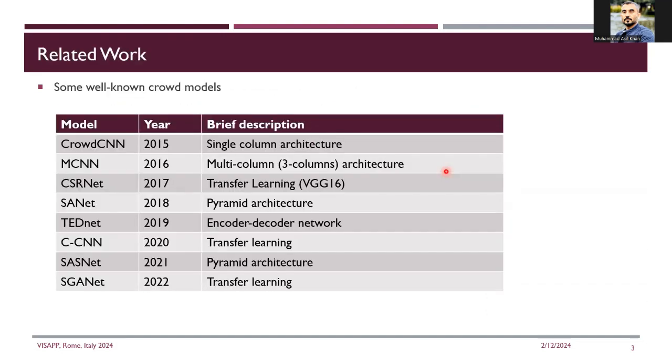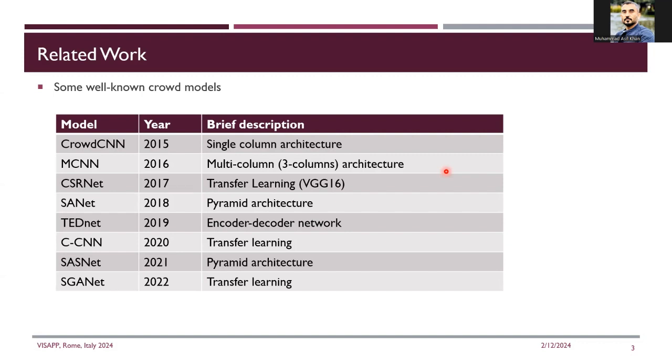So here's a summary of some of the very well-known crowd counting architectures proposed over the last couple of years. In 2015, Crowd CNN was proposed, which was the first CNN model using the density estimation method for crowd counting. It was a single-column and very simple architecture. Then over the next couple of years, there were different innovations in the model architectures, like multi-column using transfer learning, the pyramid structure in 2018, and SANET.